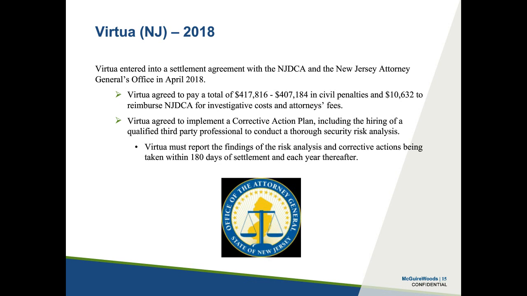It's simply a matter of Virtua had this business associate that didn't fulfill its obligations, and New Jersey's position was, they didn't do enough, and it's not sufficient just to have a contract that says you're going to do this, you've got to train people, you've got to put measures in place and make sure that your subcontractors, agents, your business associates are actually doing the things that they're supposed to be doing, and Virtua is obviously punished for failing to do that.